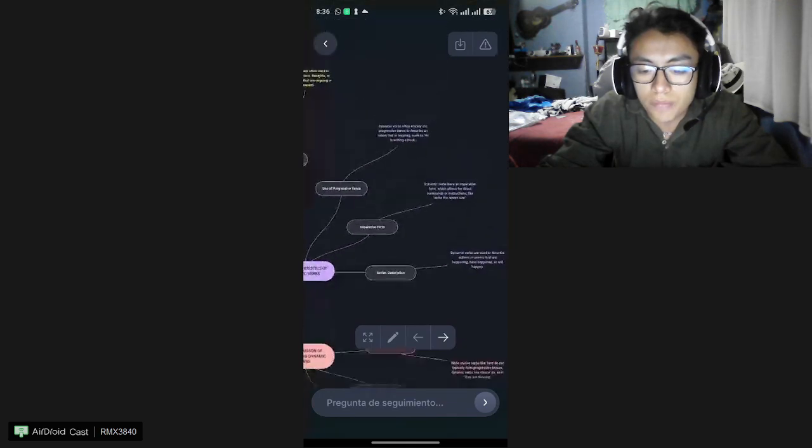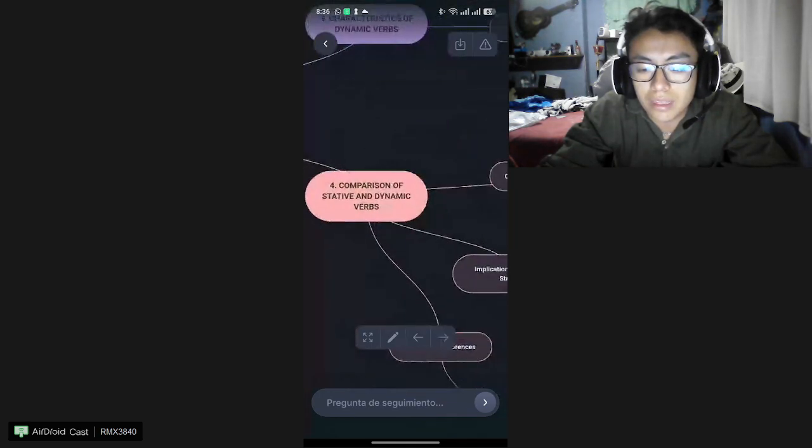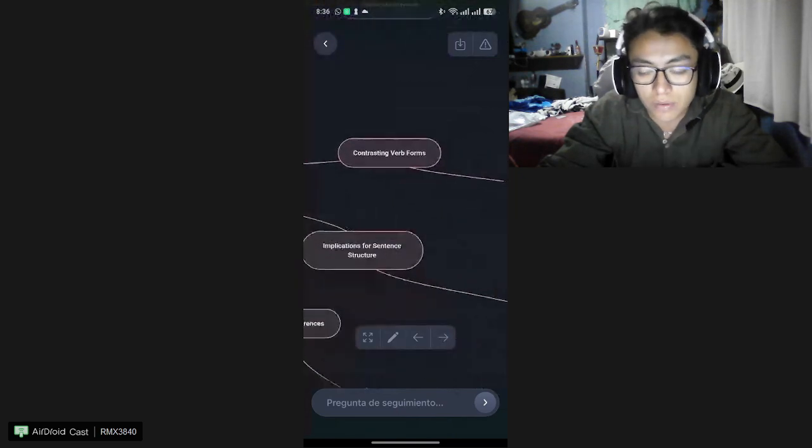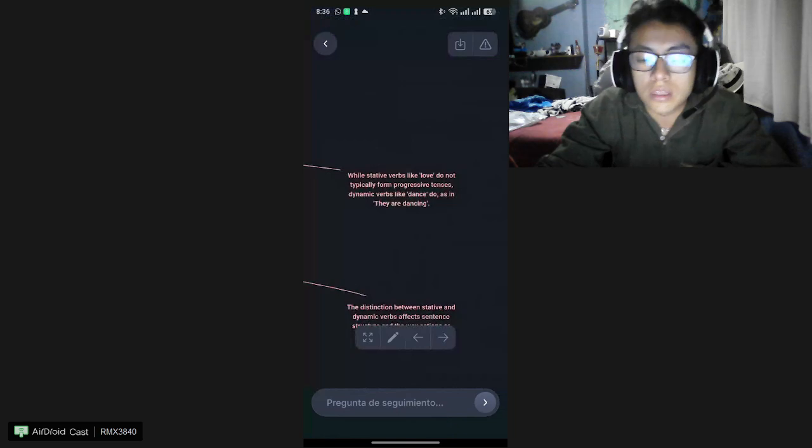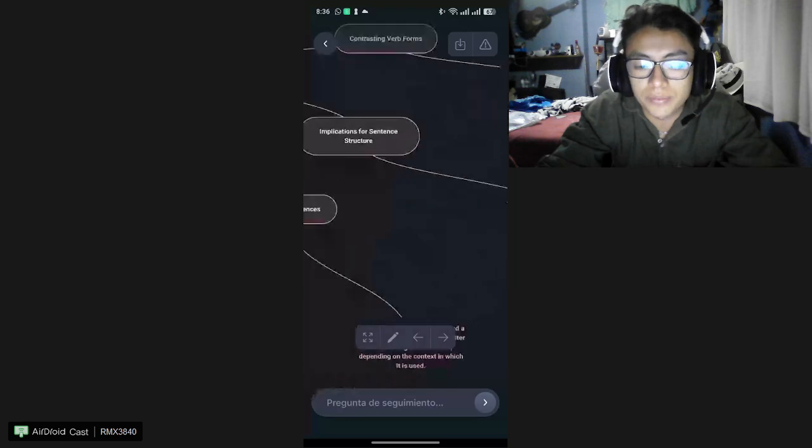Part four: comparison of stative and dynamic verbs. Contrasting verb forms. While stative verbs like love do not typically take the progressive tense, dynamic verbs like dance do, as in, they are dancing.